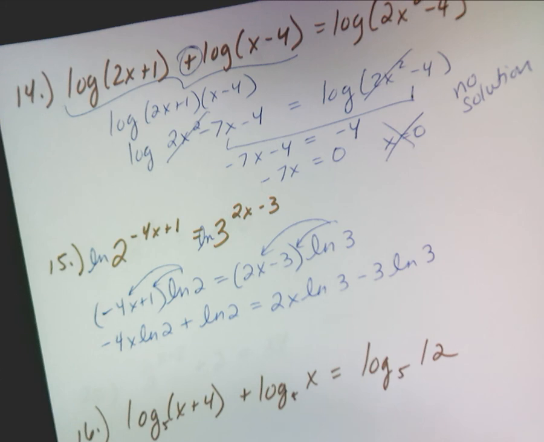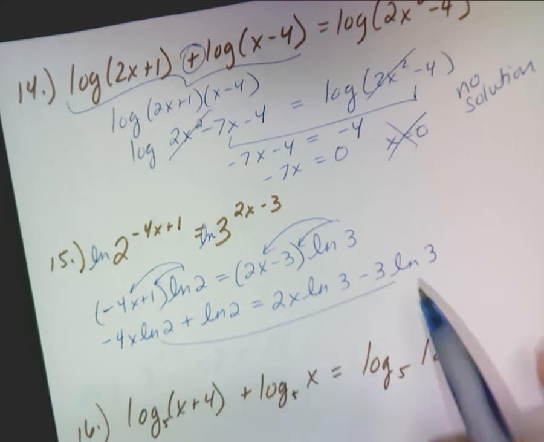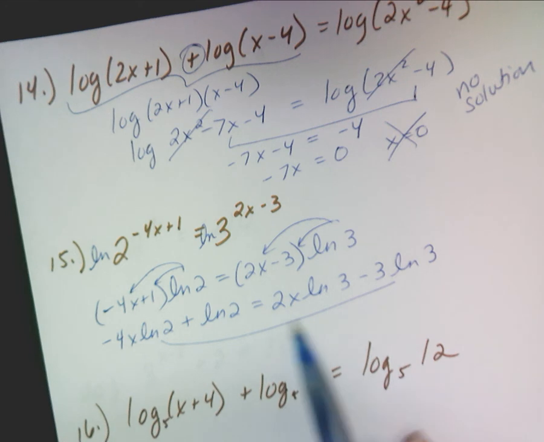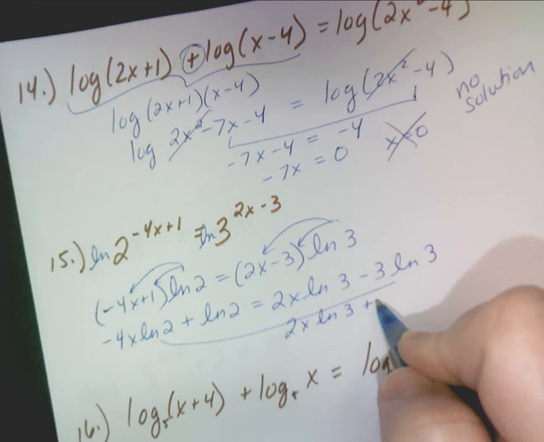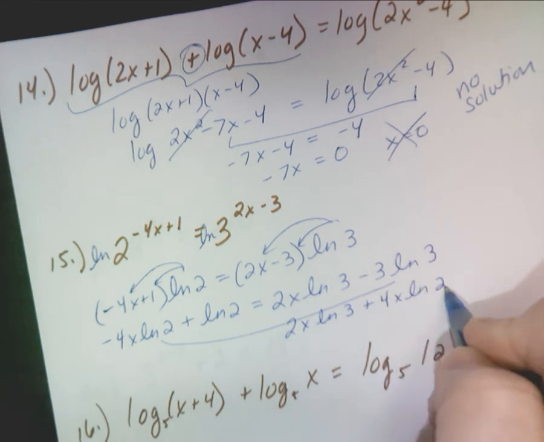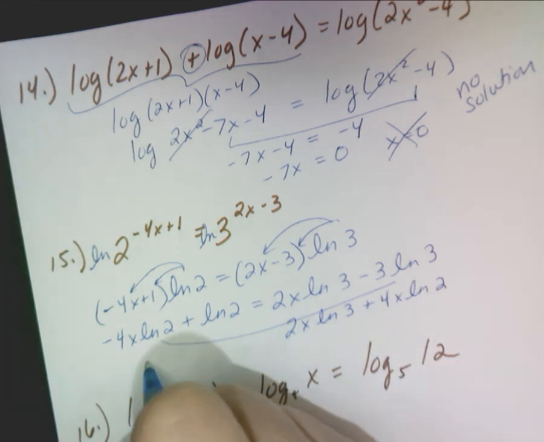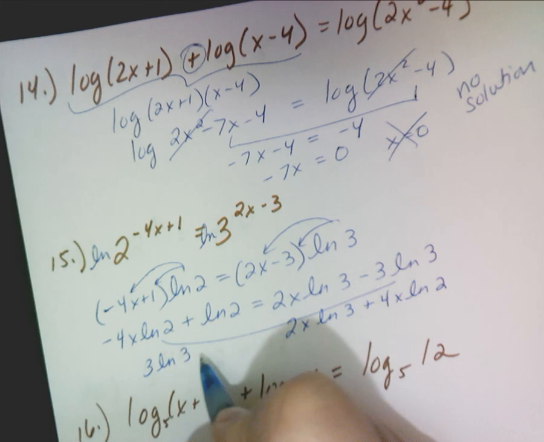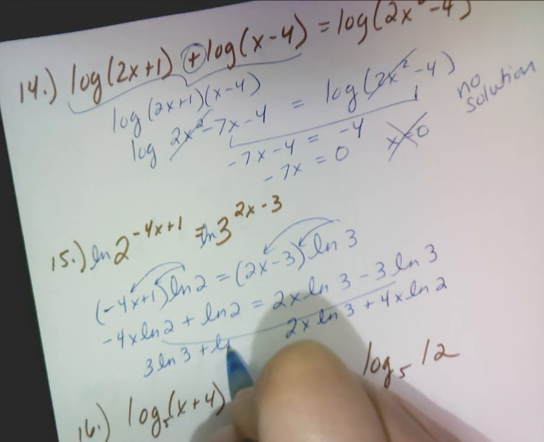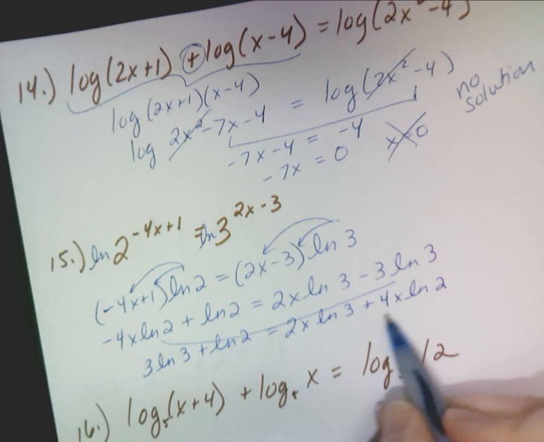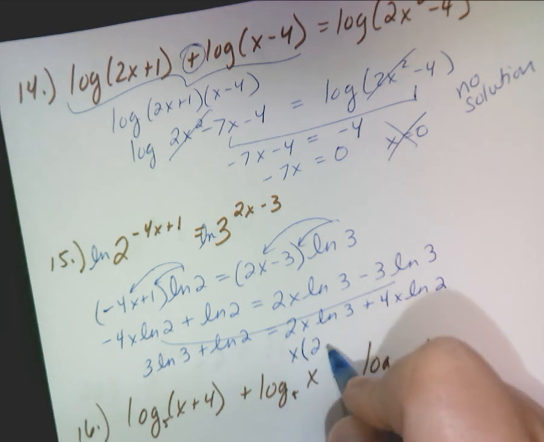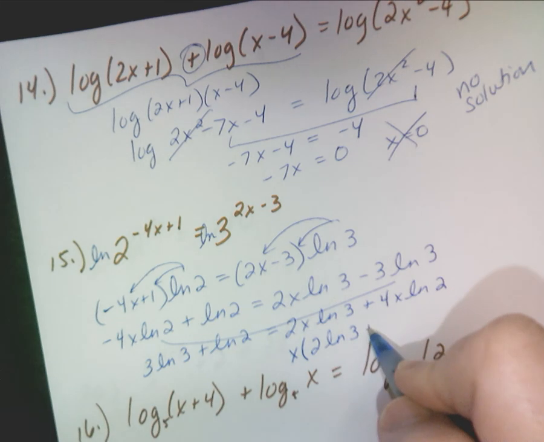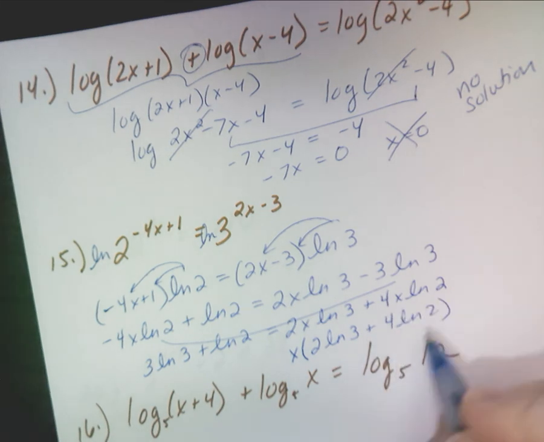Get all your x's to one side. I'm actually going to switch this. I'm going to move these two because I want this to be positive. So I would have 2x ln 3 plus the 4x ln 2. And on this side, I would now have a positive 3 ln 3 plus ln 2. And on this side, I'm going to factor out an x, and I'm left with 2 ln 3 plus 4 ln 2.